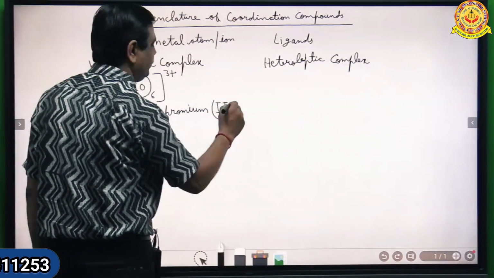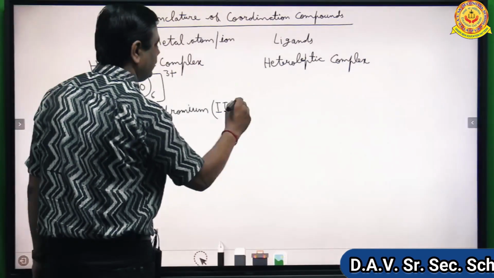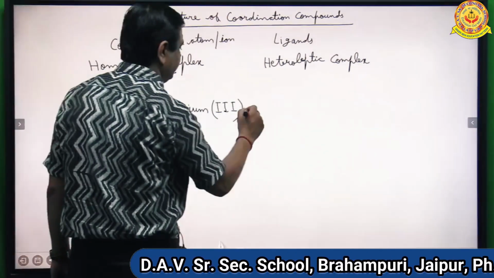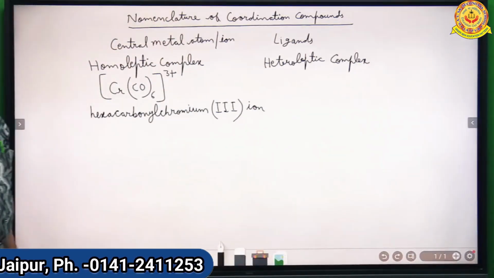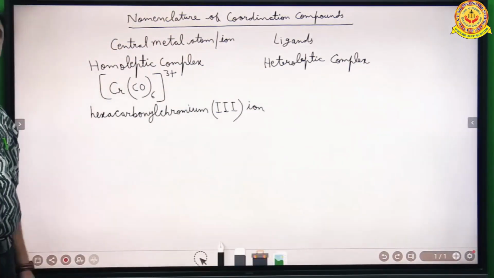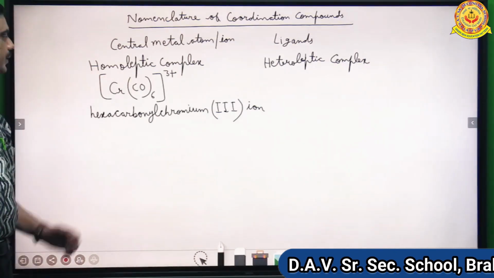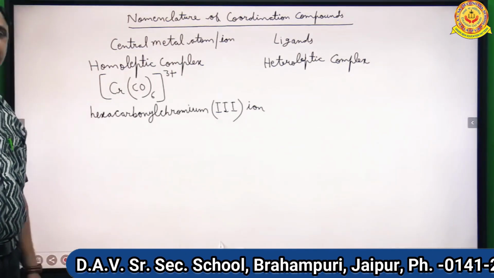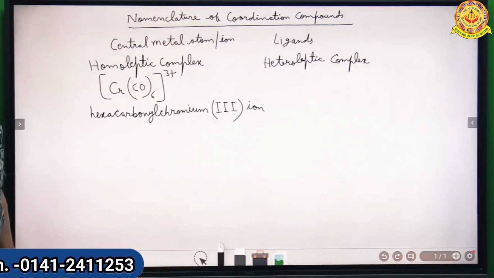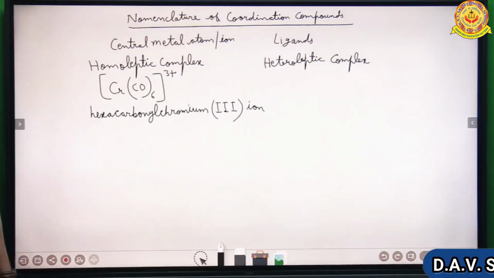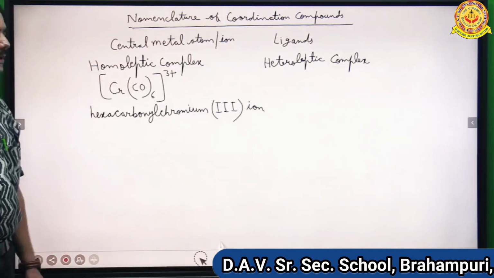Oxidation number of chromium is there. Always remember that oxidation number of central metal atom or ion can never be negative. It may be 0 but not negative. Alright?